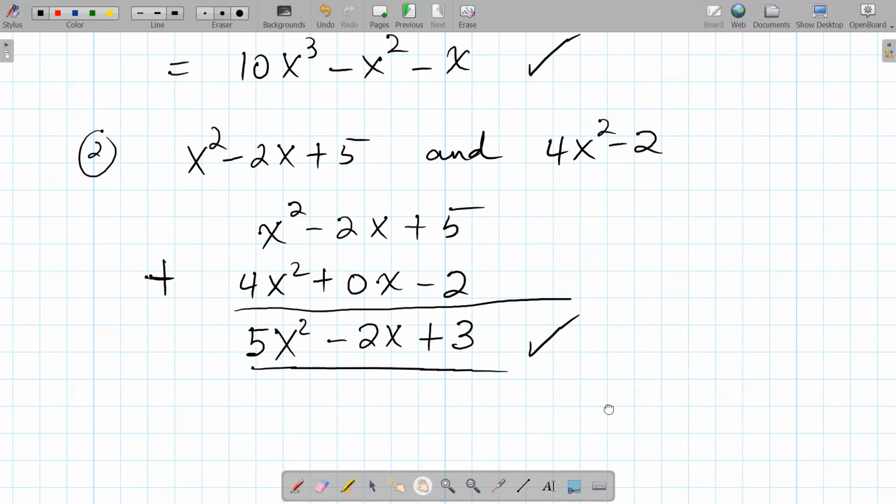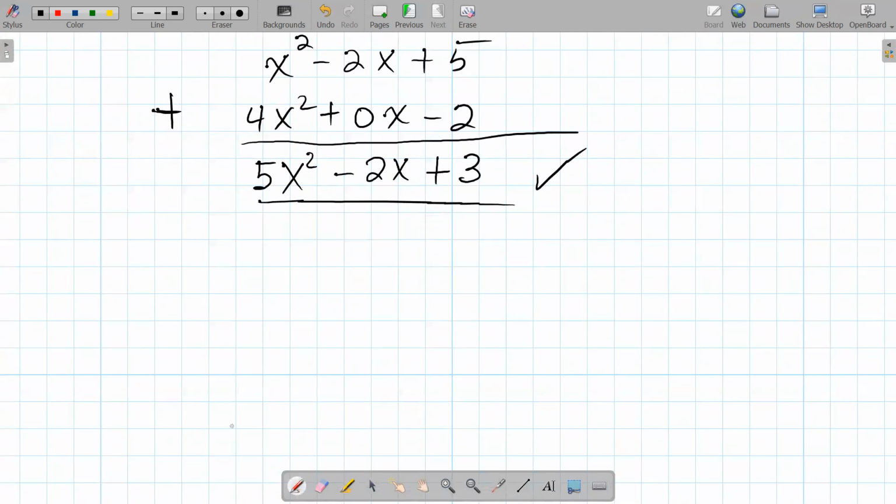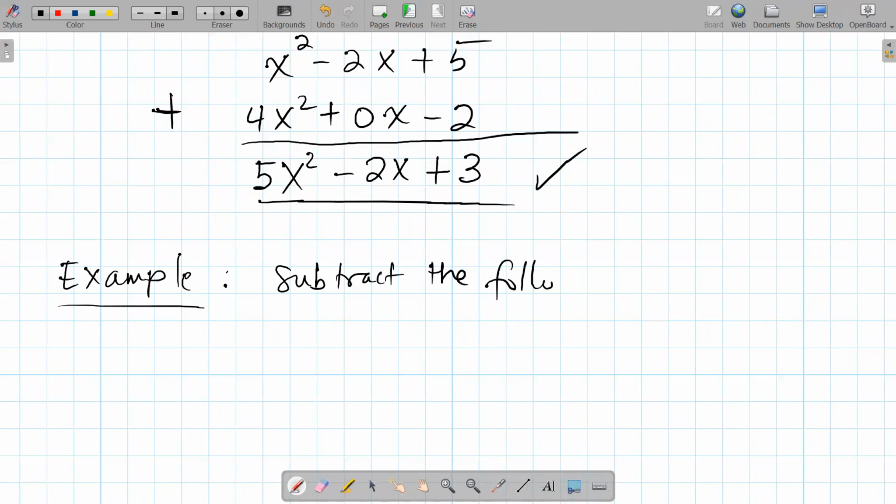Okay. What if we are to subtract? For example, subtract the following polynomials.